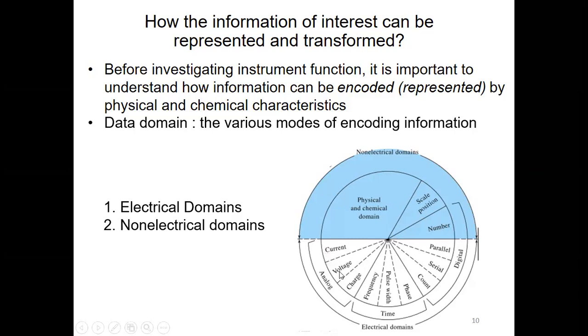But in between, it will undergo a current change, voltage change, pulse width change, or frequency change, whatever the change. So the non-electrical domain converts into the electrical domain, and then at the end we get a signal which is in the non-electrical domain. I hope it's clear.